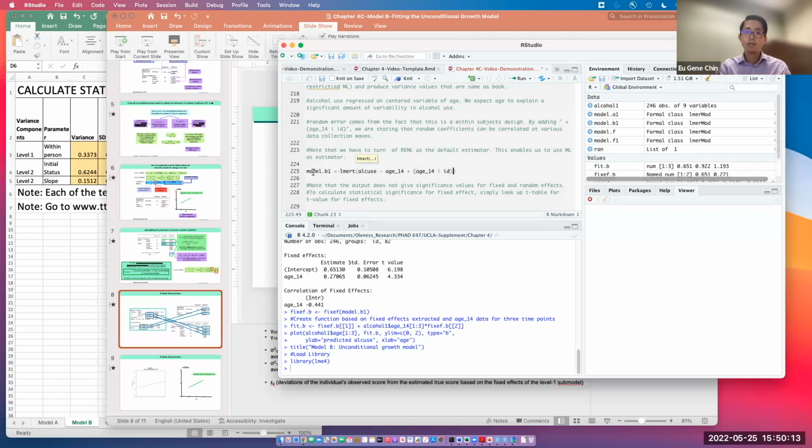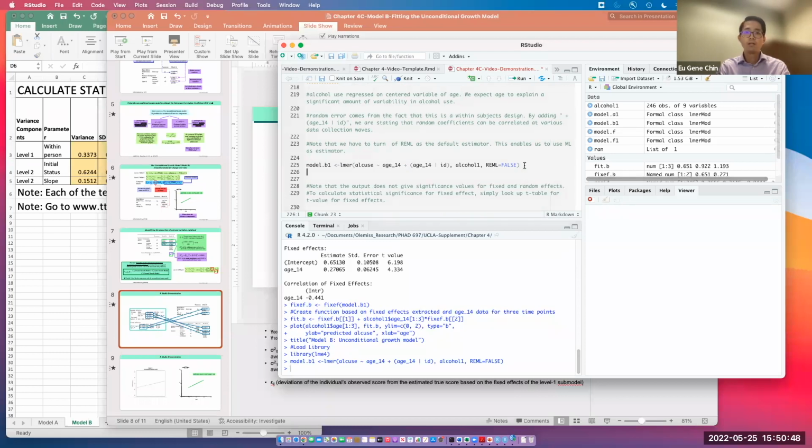So this basically designates that, so the plus and then in parentheses time given ID, this is stating that this is a within subjects design and that the random coefficients can be correlated at various data collection waves here. We're going to use alcohol1 as the data set and turn off restricted maximum likelihood as the estimator, which means that it will use full maximum likelihood. And let's get the parameter estimates.